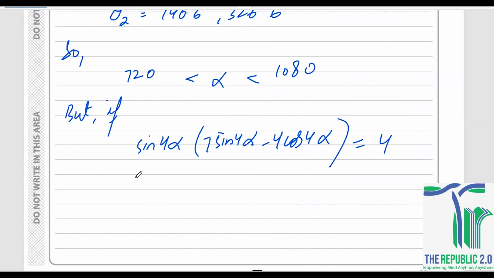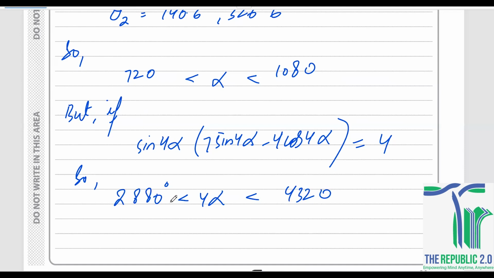So this limitation would change for 4 alpha. Now the limits should be: 4 times 720 is going to be 2880 degrees, and 4 times 1080 is going to be 4320, right?